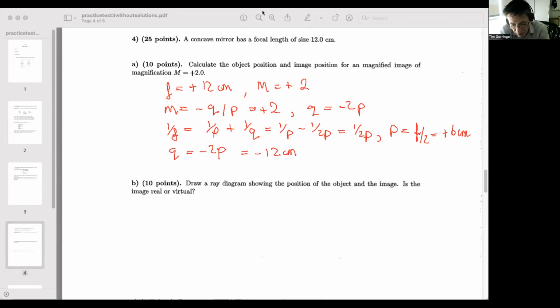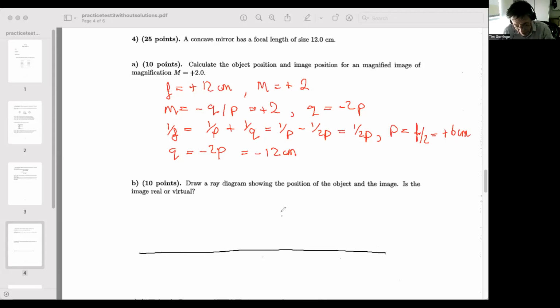Next part of the question says draw a ray trace diagram. Draw a ray diagram to show the positions of the object and image for this particular arrangement. So let me draw a horizontal axis. That's going to be my optical axis.